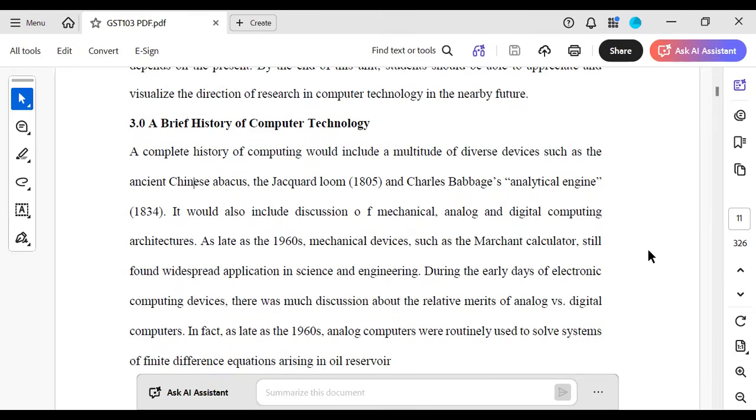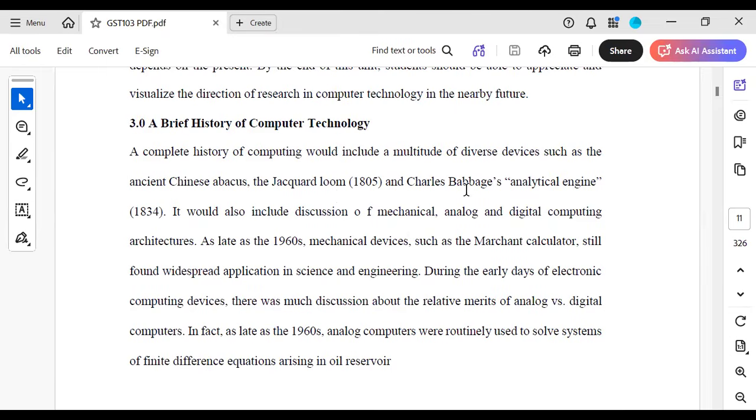So, thank you for that. That's something important you need to pick here. The machine produced by Charles Babbage during the early days of computing was the analytical engine.